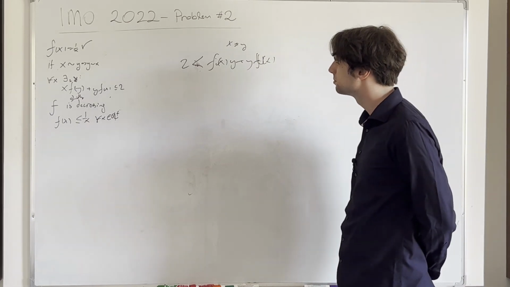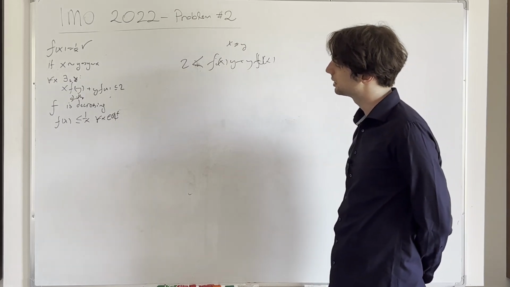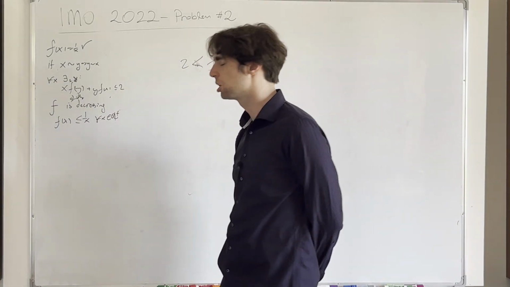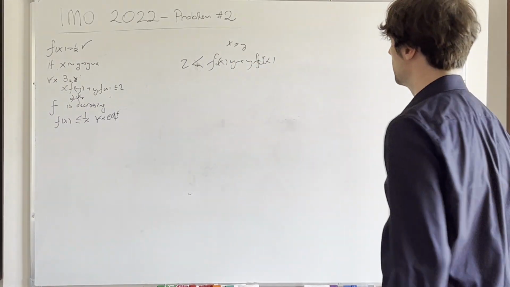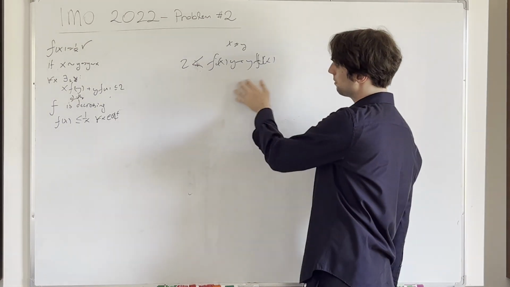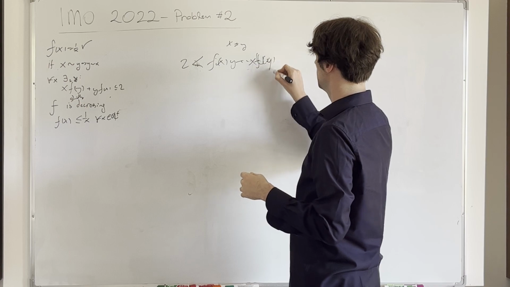So, what do we do here? What if f of x is strictly less than 1 over x? How do I actually gain some insight from that? Say if I fix some x, actually, this should be x f of y.